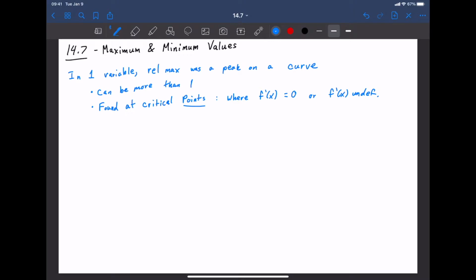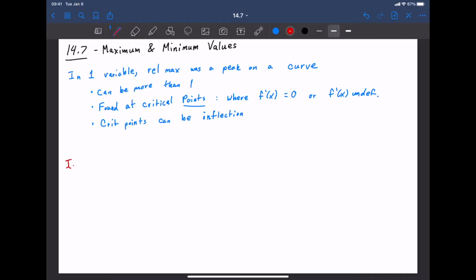The only issue was that critical points can be inflection points, points where there was no relative maximum, it just looked like there could be, where the function leveled off but then kept increasing in some way, shape, or form. So critical points were the places you need to check, but there's a reason you need to check them because not all critical points will be relative maxes and mins.